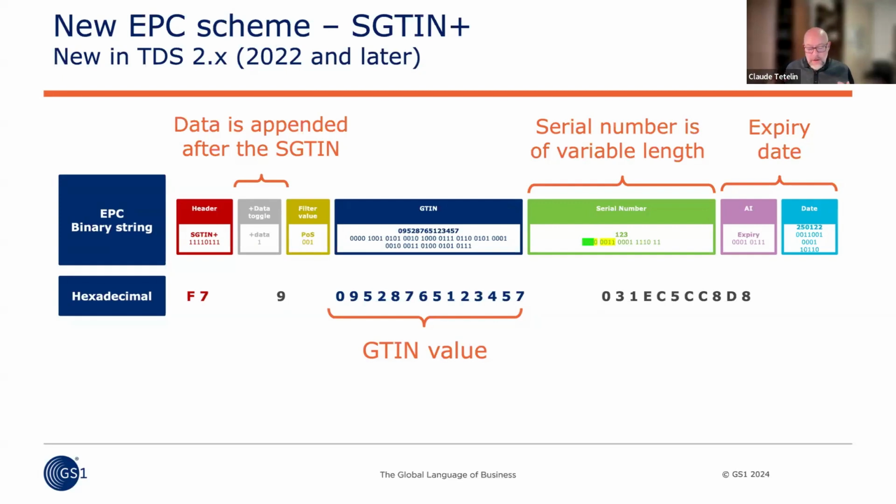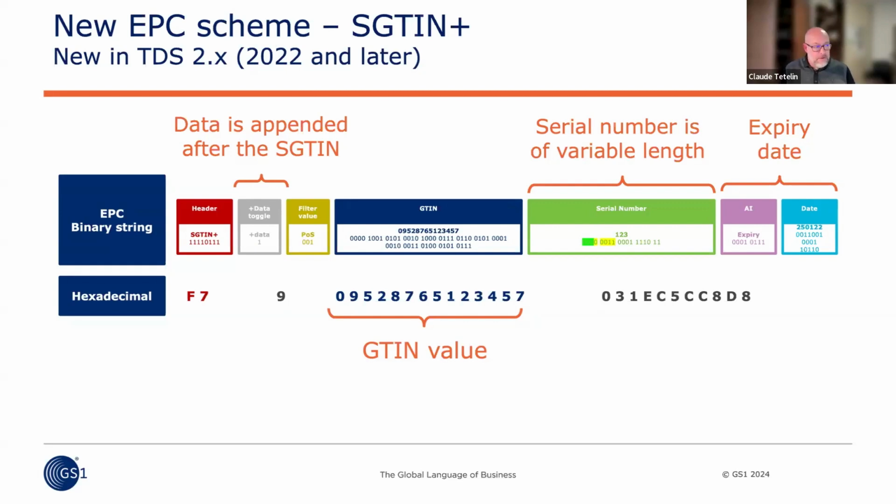Because when you encode an SGTIN-96, what you need to know is the length of the GCP, the GS1 company prefix, because this is the way SGTIN-96 is built. Now with SGTIN Plus, it's just encoding all the 14 digits of the GTIN with 4 bits per digit. So it's much easier for someone to migrate from barcode to RFID.